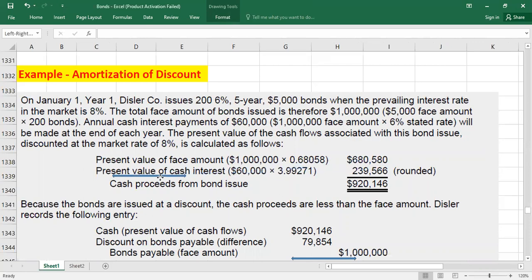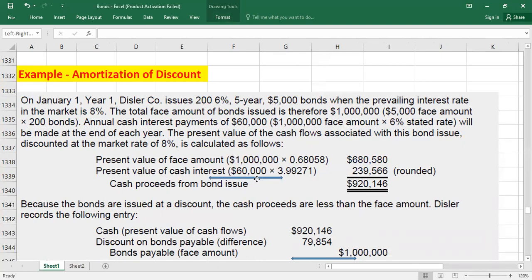Now you have to calculate the present value of interest. First we need to calculate the amount of interest per annum. How can we calculate it? Simply, we need the face value, which is 1 million, multiplied by the stated rate. Don't forget, this is the actual interest which we will pay. So 1 million times 6% will give you interest per annum of 60,000.